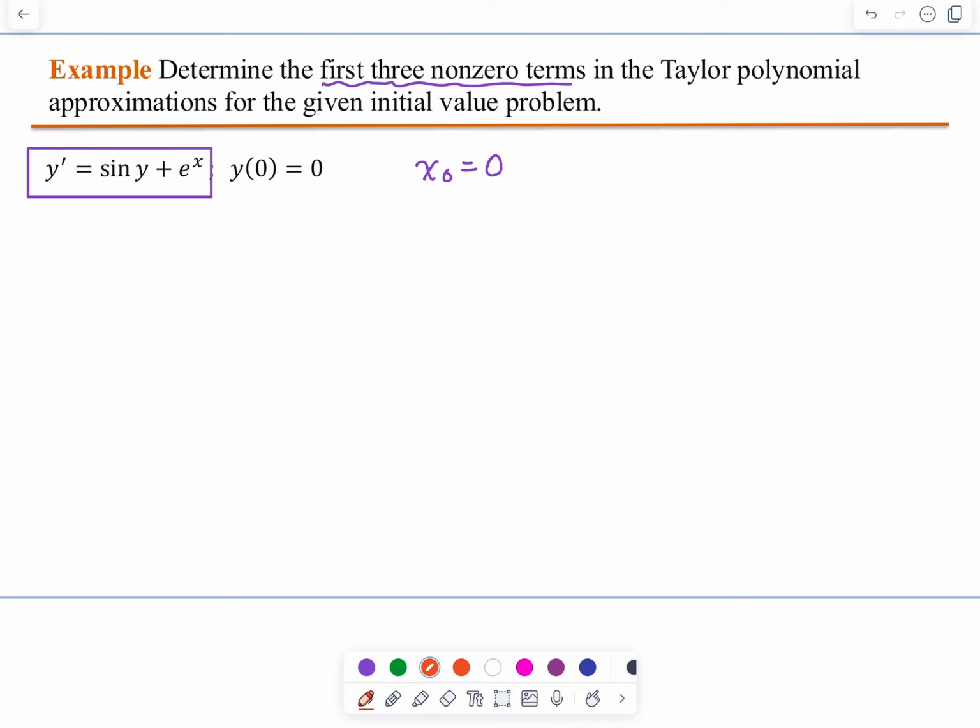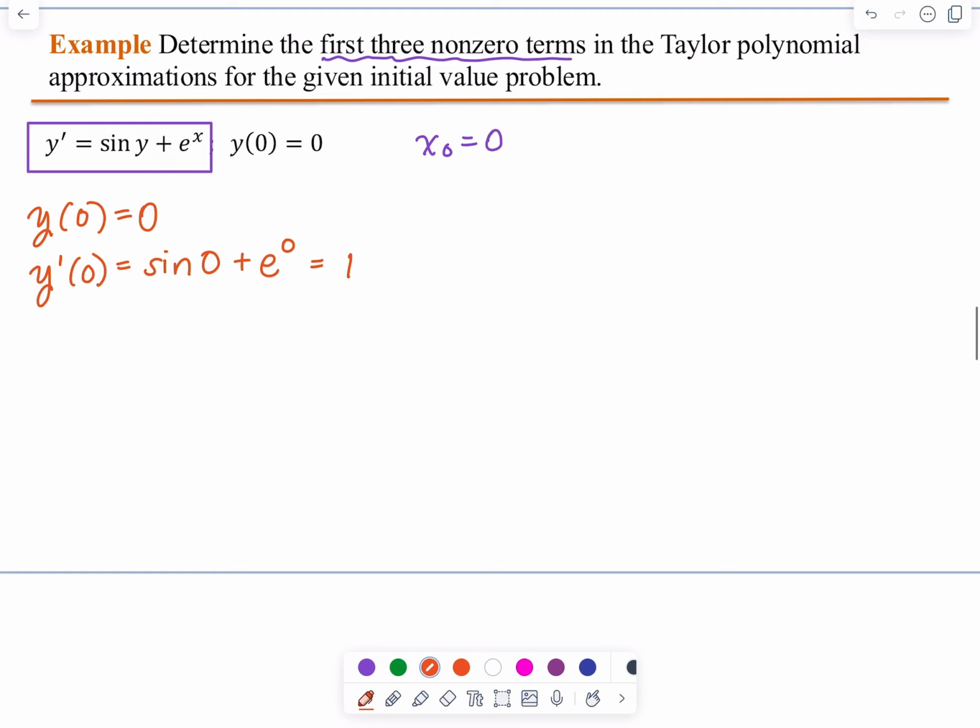Let's go ahead and find y prime. We know y of 0 is equal to 0. Y prime of 0 is the sine of 0 plus e to the 0, and that's equal to 0 plus 1, which is 1. And now we're going to need to find y double prime. I'll just actually do it over to the right here. So y double prime is going to be equal to y prime multiplied by the cosine of y plus e to the x.